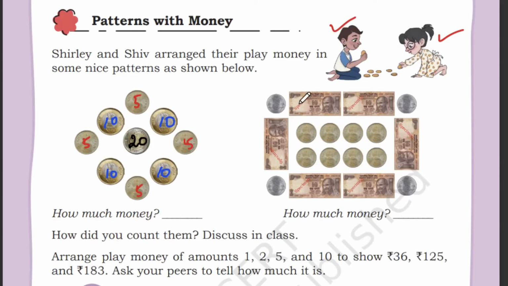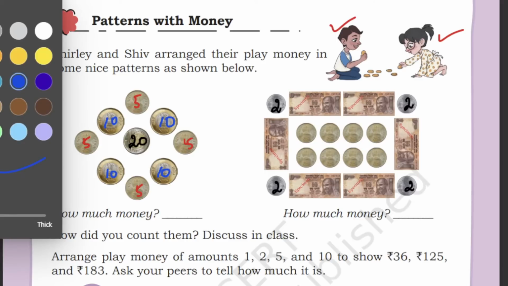Okay, and here we have some notes. So 10 rupees notes, and we have a 5 rupees coin in the middle and 2 rupee coins at the edges. So 2 rupees here we have, and 10 rupees I'll do again in blue color.